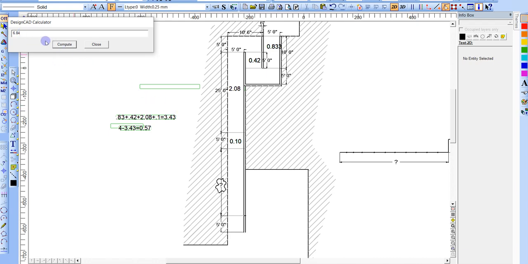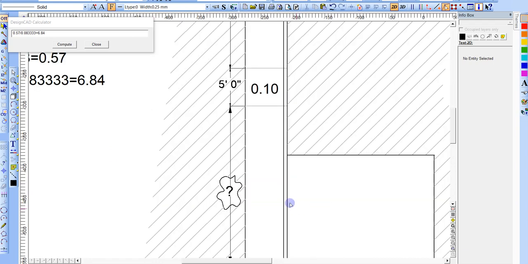So 0.57 divided by 0.08333. Control C, Control P. All right, now we know from the bottom of that landing we've got to go 6.84.